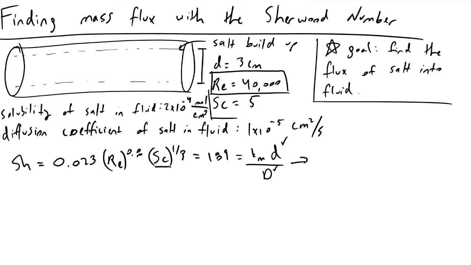And so now if we actually plug and chug, what we will find is that Km has a value of 6.3 times 10 raised to the minus 4.